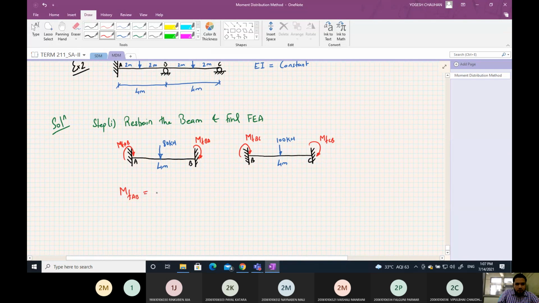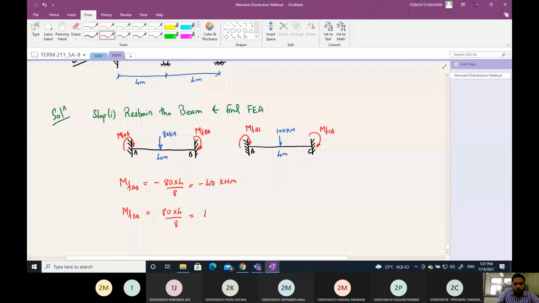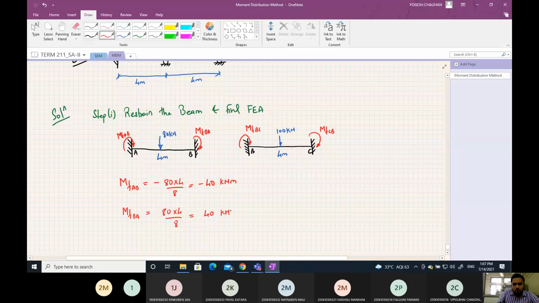MF AB will be equal to minus 80 into 4 by 8, that is minus 40 kilonewton meter. MF BA is 80 into 4 by 8, 40 kilonewton meter.